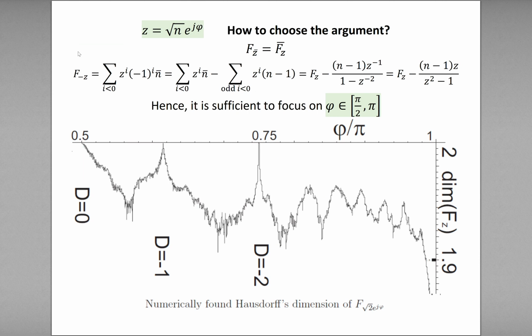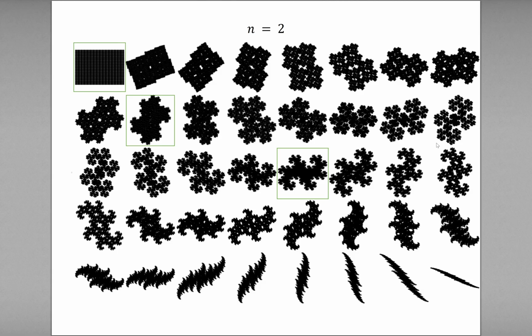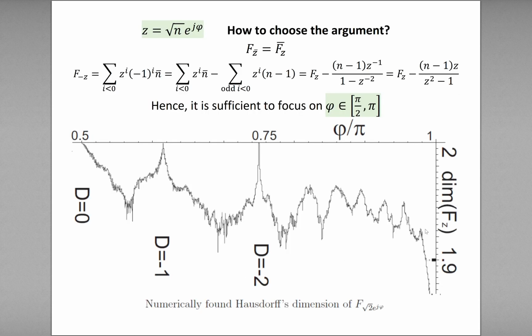And so for the limit of this angle to 1, this complex number becomes a real number. So finally the fractal becomes flat. In this limit we get a one-dimensional structure, so in the limit this plot should get down to dimension 1.